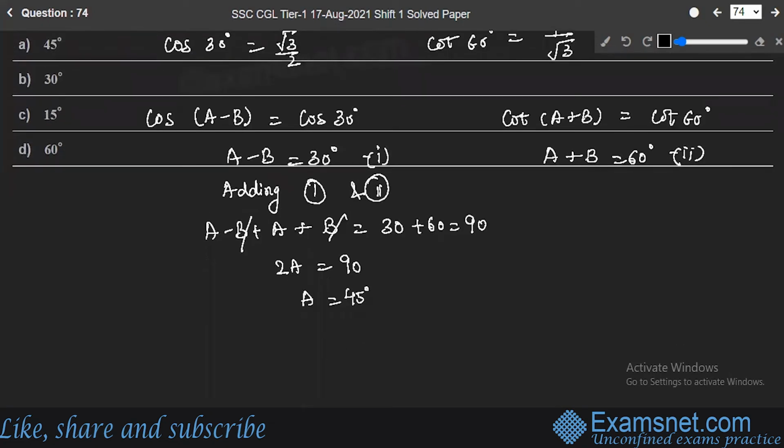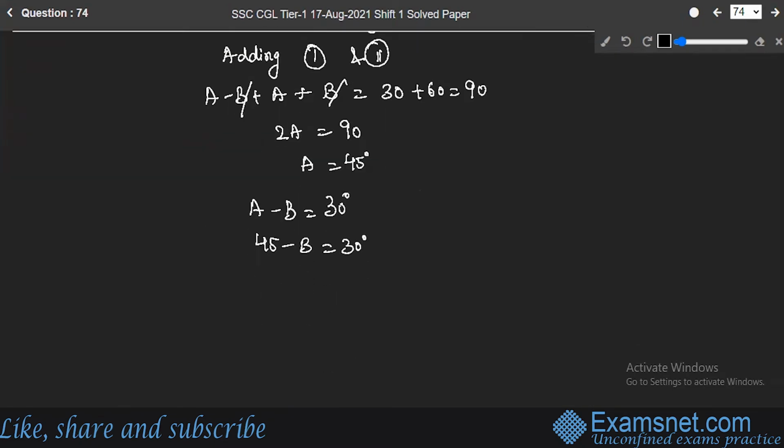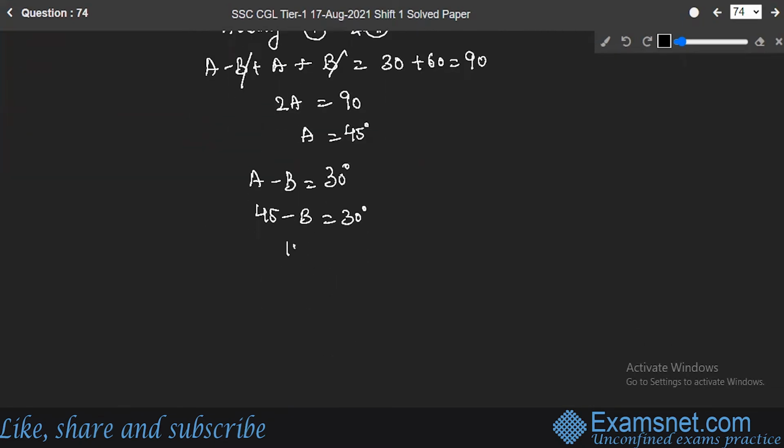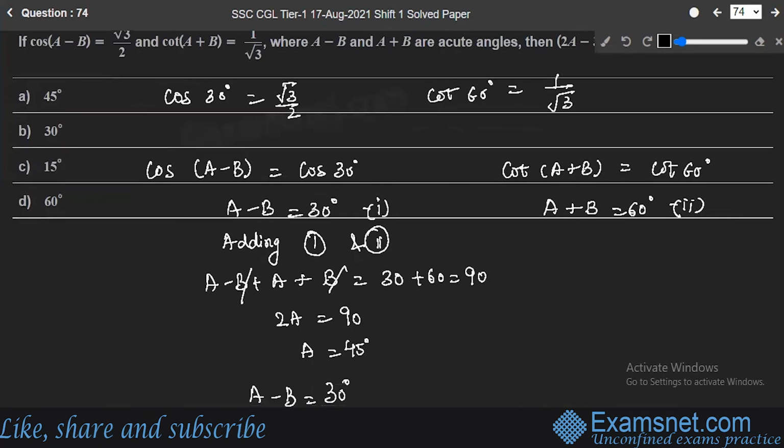Now let's find B. A minus B is equal to 30. That means 45 minus B is equal to 30 degree, which gives you B is equal to 15 degrees, right? So B is 15, A is 45. What do you have to find out in the question? 2A minus 3B.